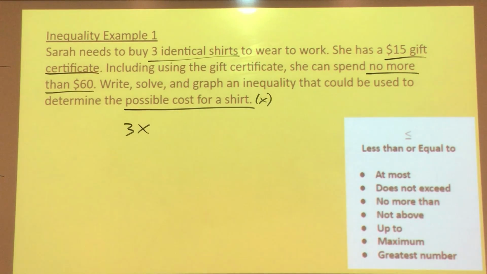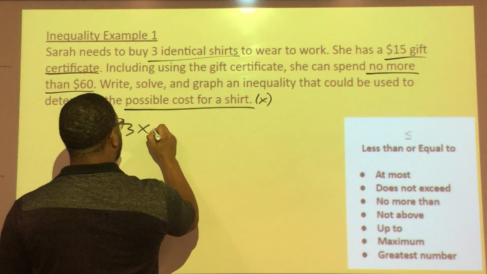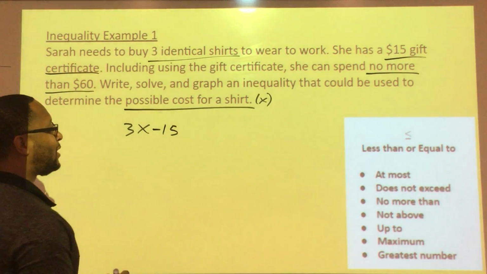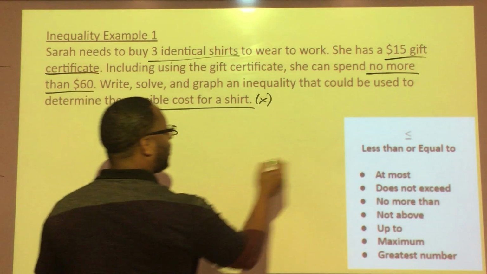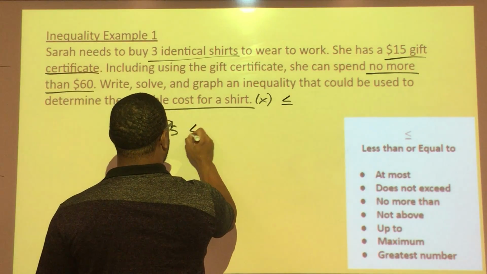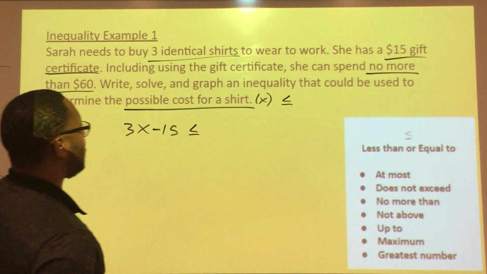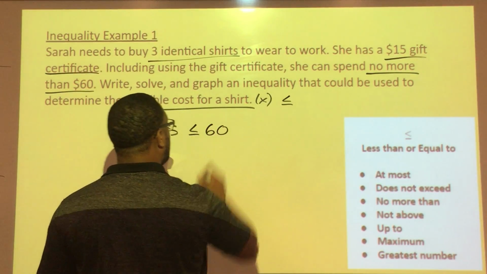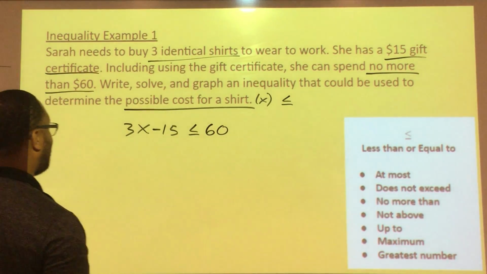And absolutely, if you have a gift certificate, that's money that's going to be subtracted from the cost. So this is 3x minus 15. I already know my inequality symbol will be less than or equal to. And it says that she can spend no more than 60. So that's the inequality right there.